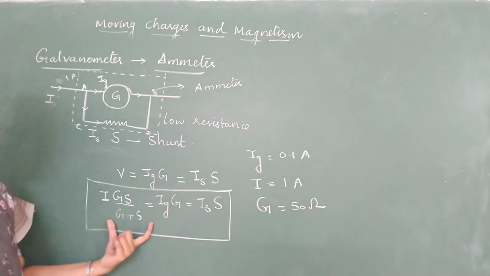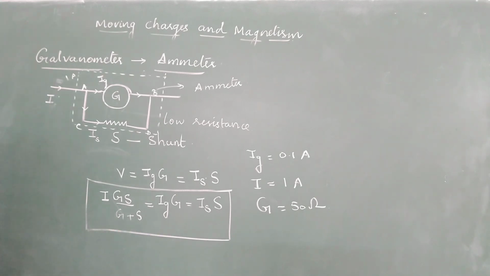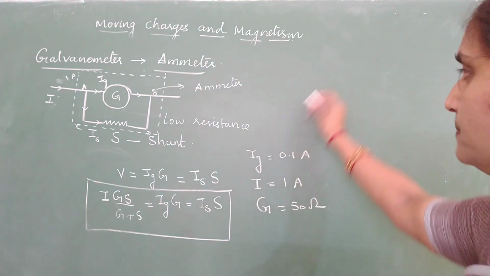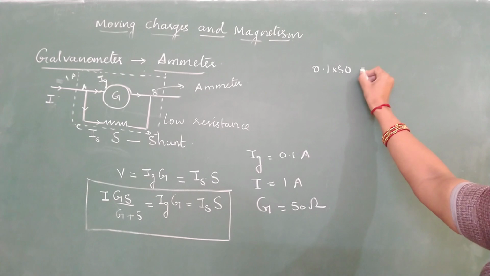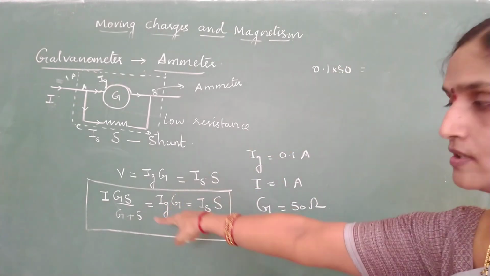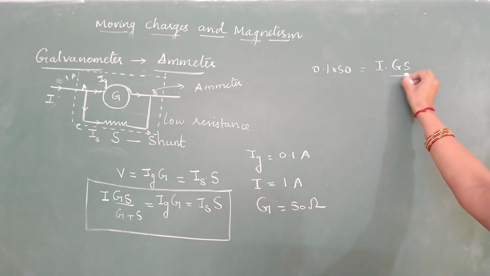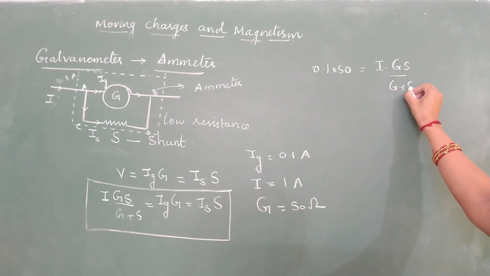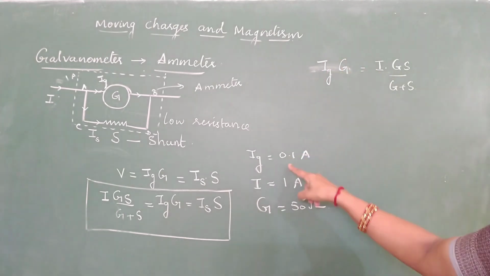For that, I will be making use of this relation. Use this relation and find out what should be the shunt. We know Ig into G, 0.1 into 50, Ig into G should be equal to total current into Gs by G plus S. Substitute the given values.